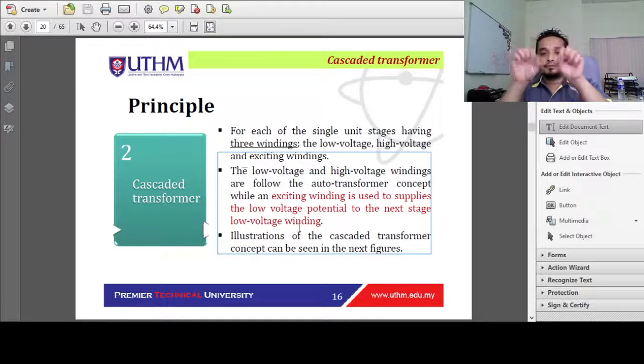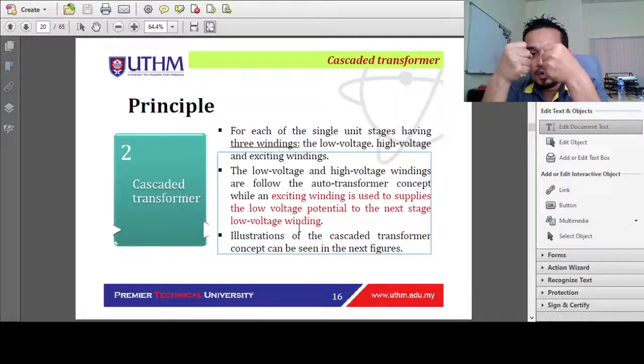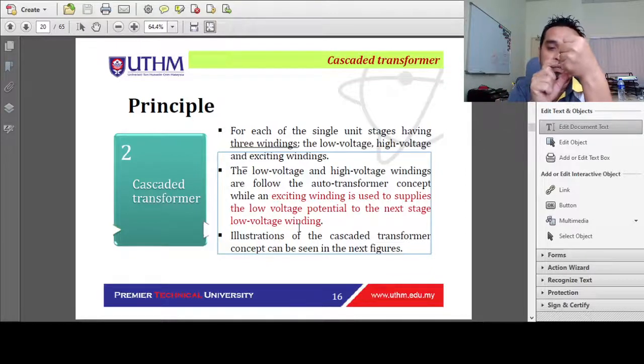We have one straight transformer, then 2 and 3, so 1, 2, 3 straight transformers, cylindrical in shape. The exciting winding is required to supply the voltage for the next one.